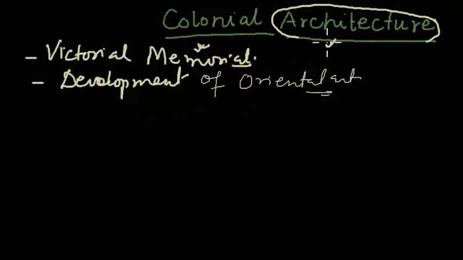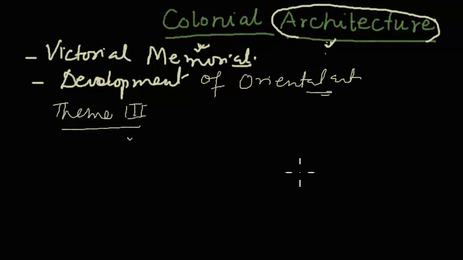So I recommend you go through that chapter once, in the modern NCERT books, theme 3. Besides, architecture is a visual thing, so a student of history is expected to know something about colonial architecture. Here I will go through the Victoria Memorial.